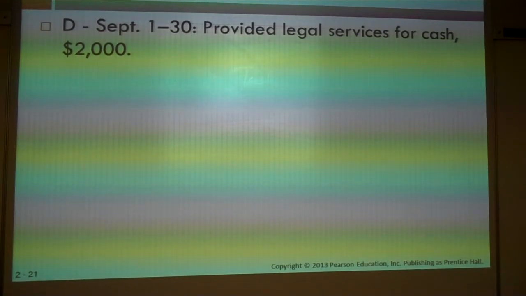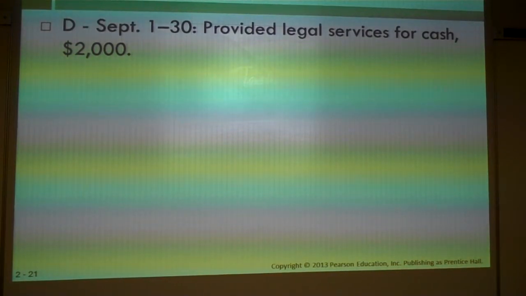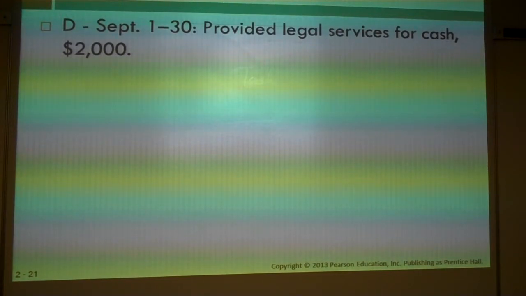Cash is involved. Did cash go up or down? Provided legal services for cash, it went up. Cash is a debit or a credit? The debit. What's the other account have to be? Credit. The credit.